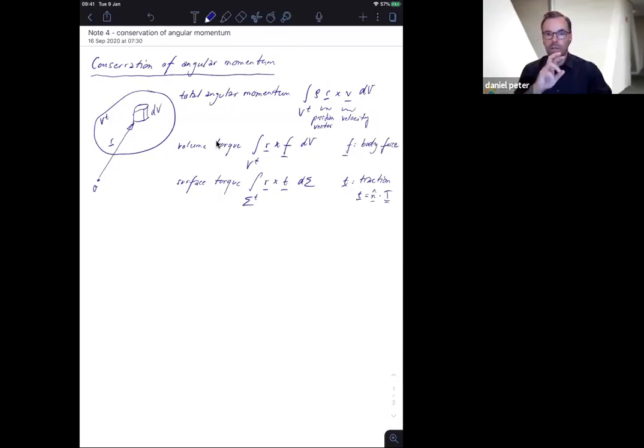So now we can express the conservation of angular momentum with these terms that we just wrote down. So let's look at the rate of change of angular momentum. That's our d/dt of the total angular momentum we have above, so the volume integral of rho r times v.